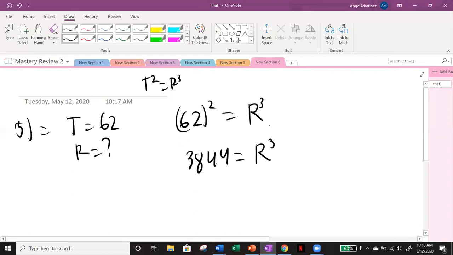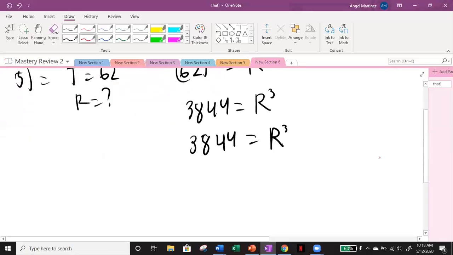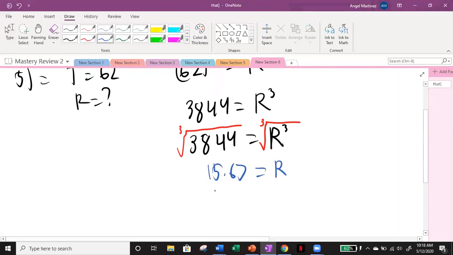So this one you can't take the square root. You have to take what's called the cube root. This should be an option on a calculator where you do the square root sign, but you put a little 3 right here. So instead of taking the square root, you're taking the cube root because R is cubed. If you do that, your answer should be 15.67 equals R. And this is in AU.